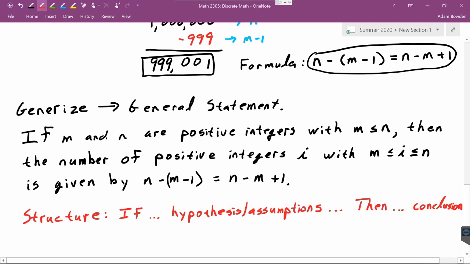So in our case, the hypothesis and assumptions were that we had m and n as positive integers with m less than or equal to n, and the conclusion was the number of positive integers is given by our formula n minus m plus 1. So we're going to set up a lot of statements in this fashion. If something, then something.